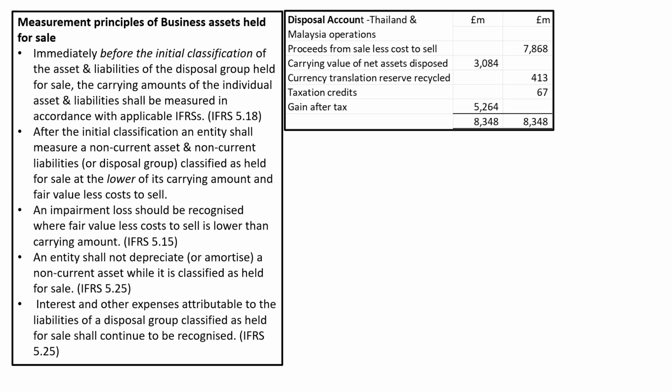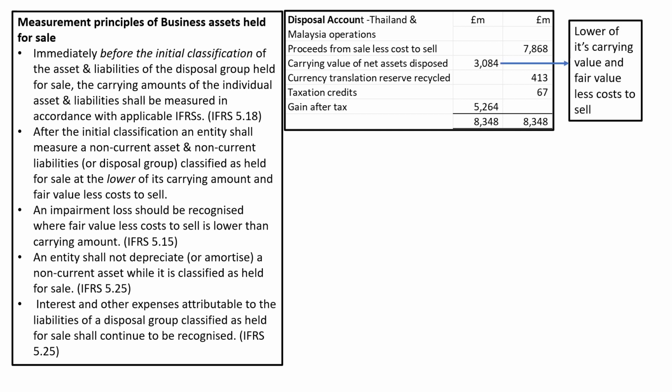Here we show you the disposal account of Tesco when it disposed of its Thailand and Malaysian operation. You will see the disposal account shows the profit or the gain after tax of 5264, and that was arrived at from deducting from the proceeds of the sale, which was 7868, the carrying value of the net asset disposed of, 3084.